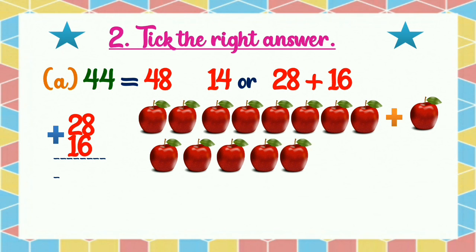Okay, so how many apples are there? Now we count all the apples: 1, 2, 3, 4, 5, 6, 7, 8, 9, 10, 11, 12, 13 and 14. So our answer is 4.